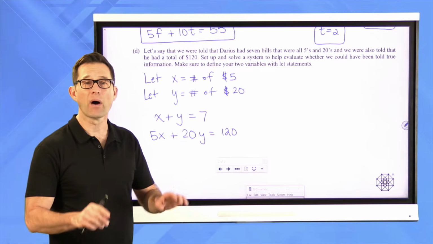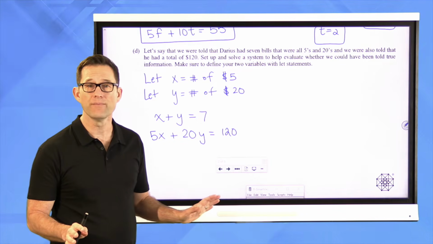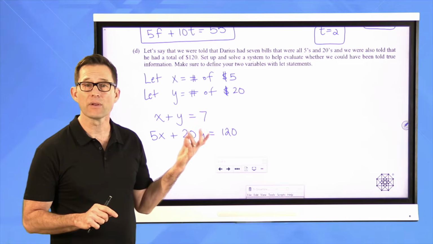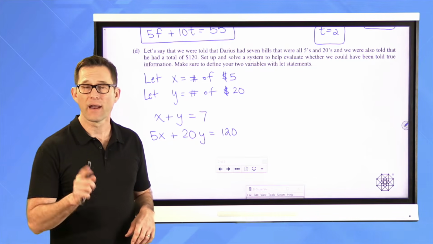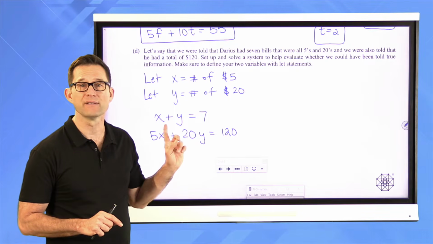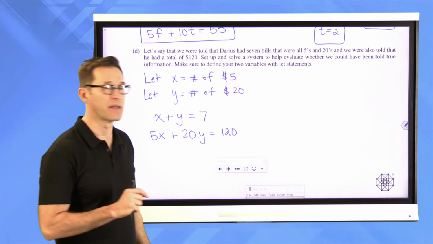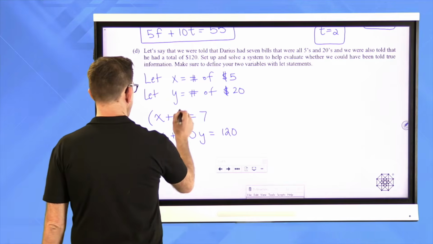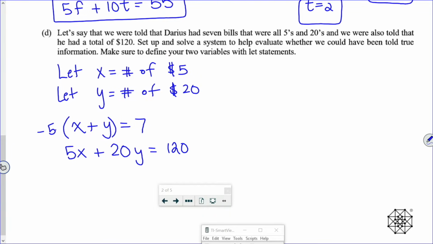This system now models all of the information we were told, and we can now solve it by eliminating either x or y. Again, I'm just going to eliminate the x by multiplying both sides of the first equation by -5. Let me make that dot a little bit bigger.